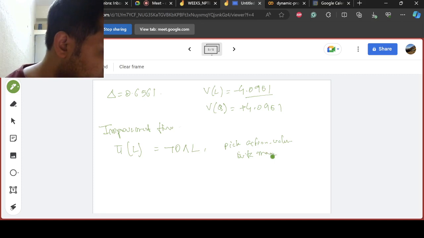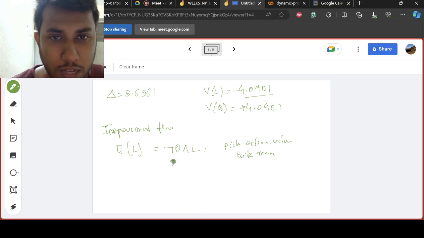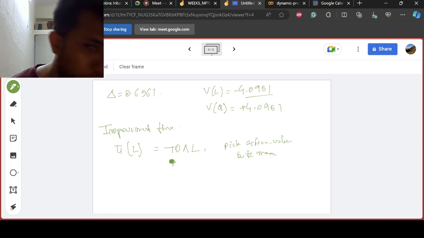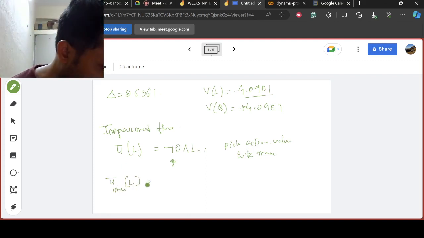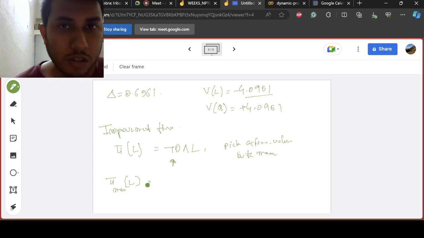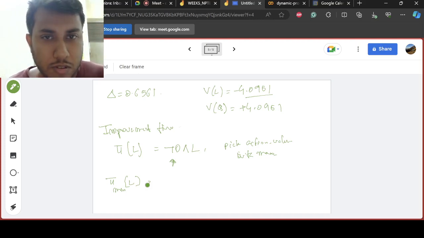This is what we want to get. So the old action was this. Now let's find out the new action, pi new of L.